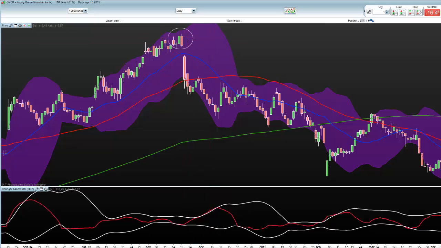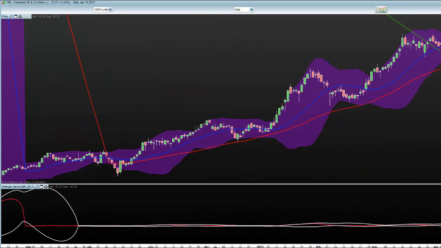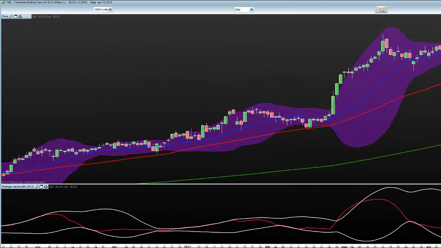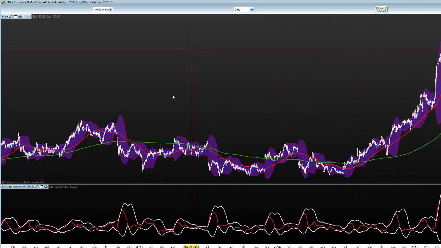And we're going to look at a reversal in the German DAX. And here we go up, up, up, up, up, up, up. Again, uncharted territory.